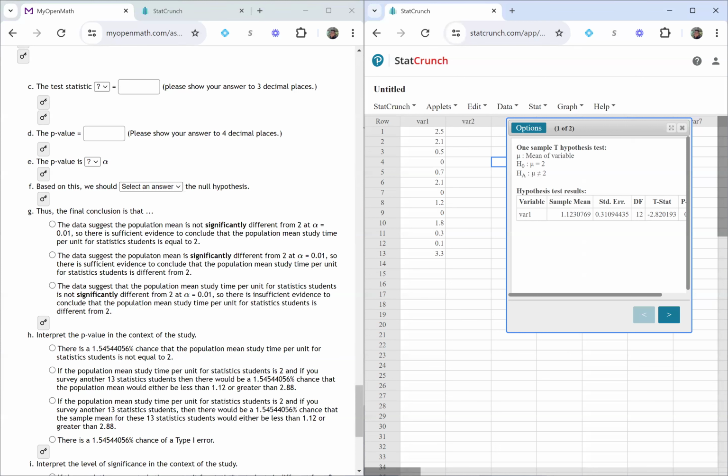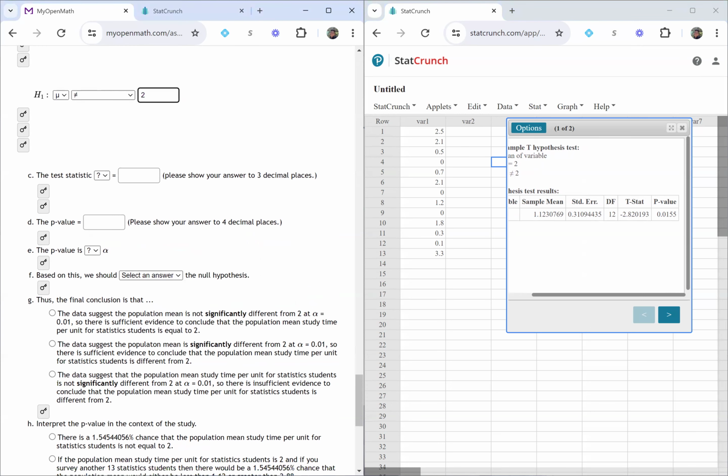If we look in this little table over here, we've got a sample mean, standard error, our t-stat, and our p-value. So we've got a lot of different numbers here, okay? Let's take them one at a time. The t-stat that my Open Math asks for means that our test statistic t equals the number it says for t-stat, so we have negative 2.820.